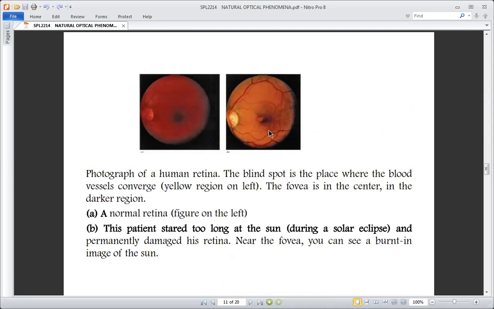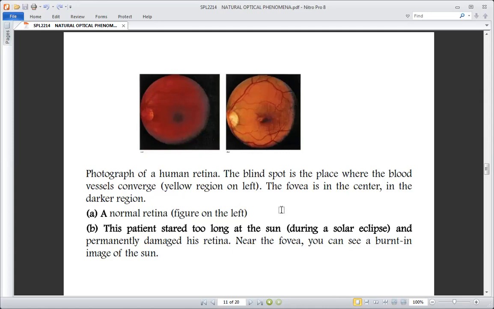When you do that, the image of the sun will appear on the retina of your eye, and when the retina is affected, you are not able to see an object clearly, because the retina has been affected by the sun.